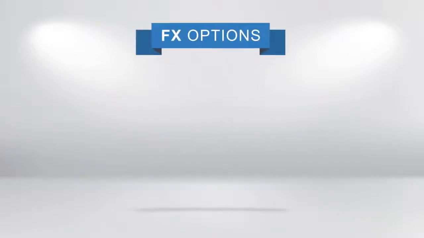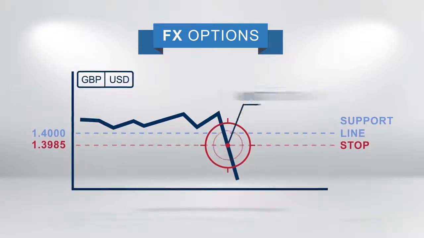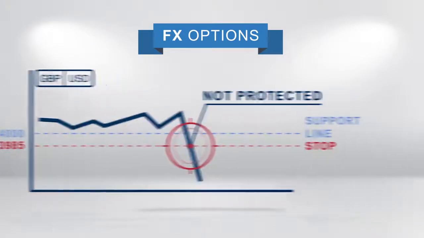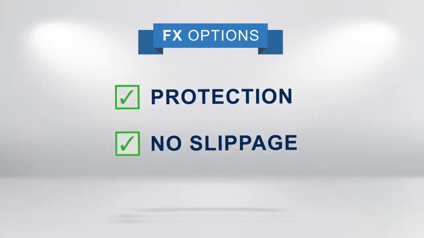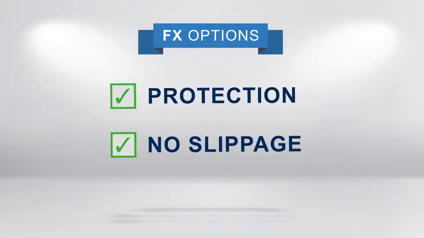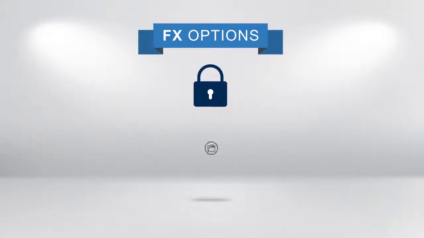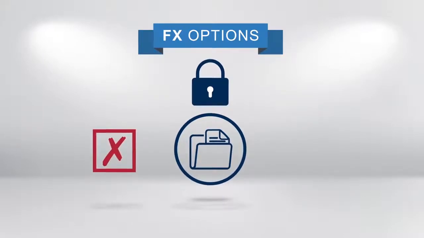So let's review some of the advantages. Placing stops in the FX spot market won't protect you against gaps or drops in the market. However, buying FX options will provide protection. With FX options, there is no slippage. We can always sell spot at 1.3985. Using FX options as protection instead of a stop order also means that we don't have to close out the spot position.